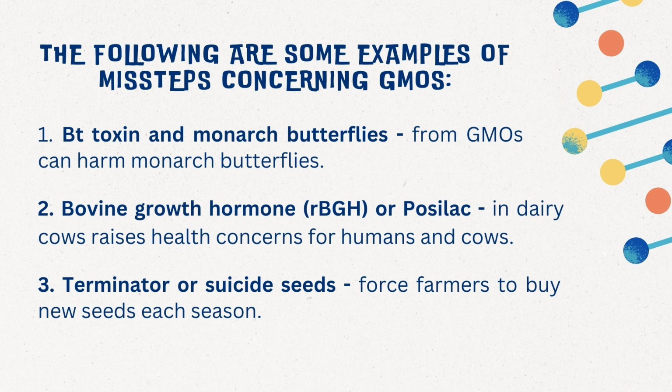Sterile seed technology is a type of gene use restriction technology, or GURT, in which seed produced by a crop will not grow, will not produce viable offspring seeds, or will produce viable seeds with specific genes switched off. The inviability of offspring seeds forces farmers to buy seeds for every season.